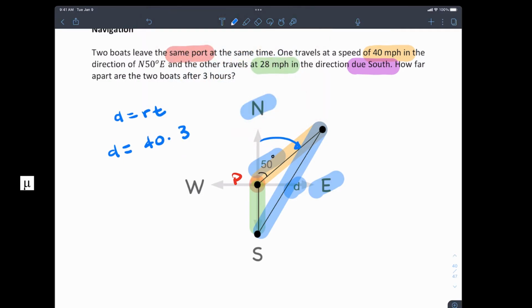So this is 3 hours later because the time here is 3 hours. And so this is going to be 120. So I have 120 miles. The other distance, rate times time, is going to be 28 times 3. And that's going to be 84 miles.